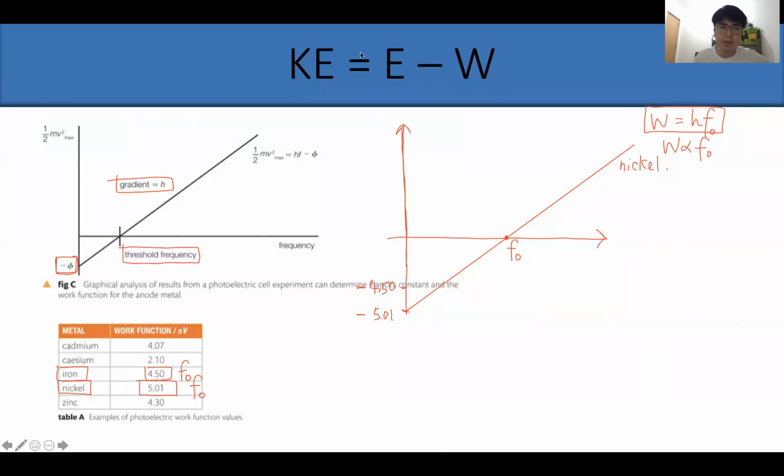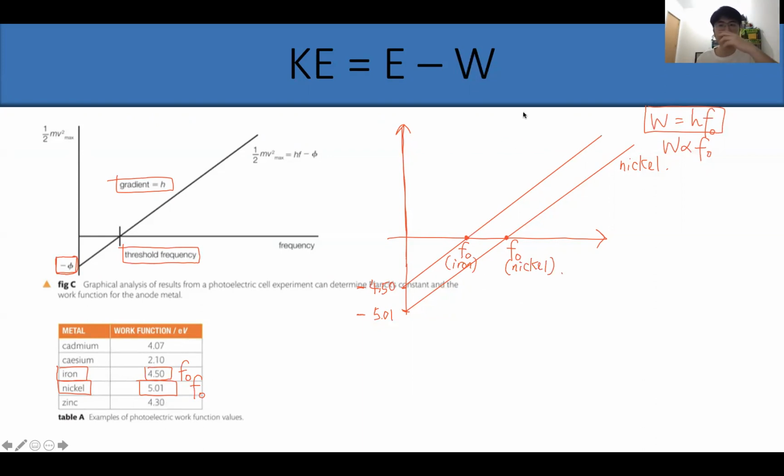The graph should go like this, parallel. This is the f naught for iron. This is iron and this is nickel.